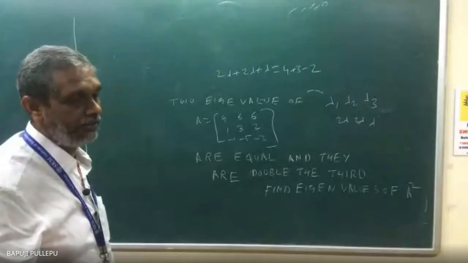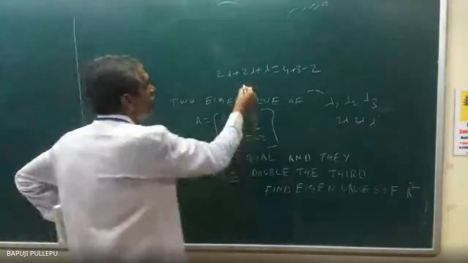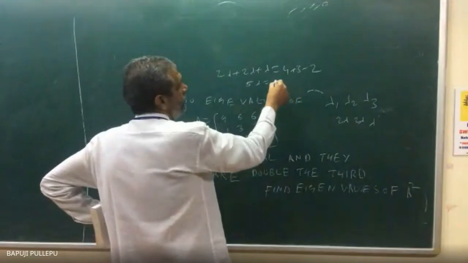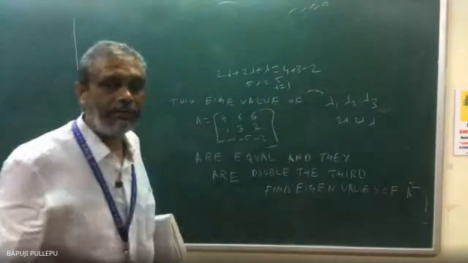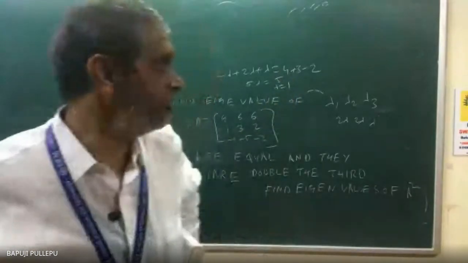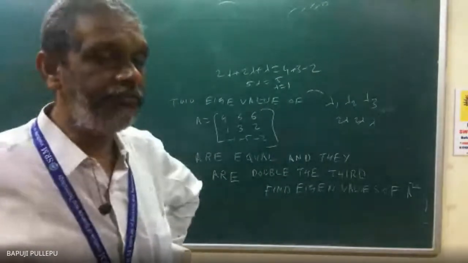Am I correct or not? Yes, sir. Then 5 lambda is equal to 5, so lambda is equal to 1. If lambda is equal to 1, then the eigenvalues of A are 2, 2, 1.